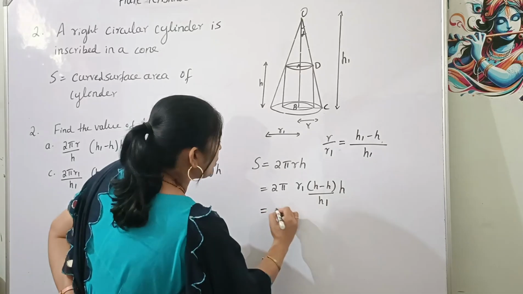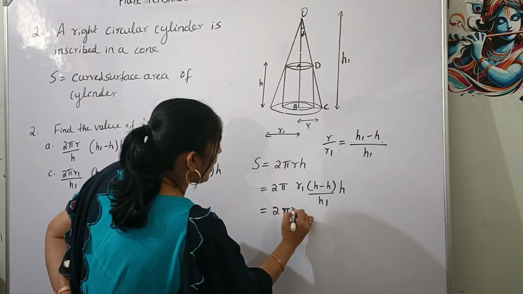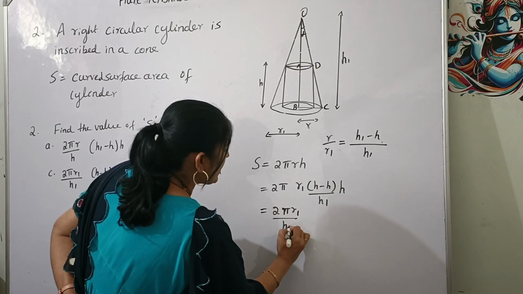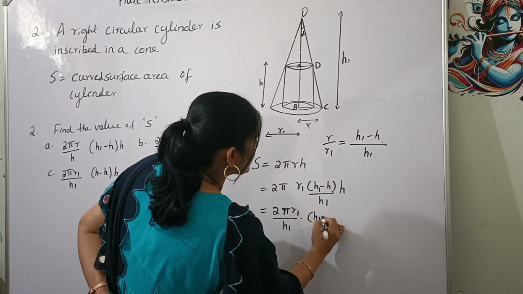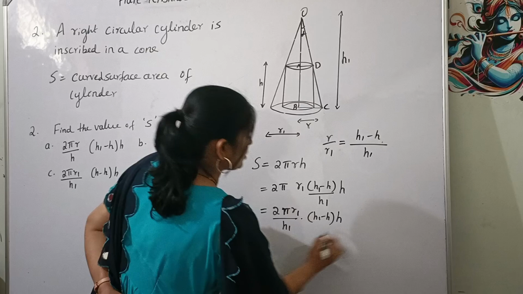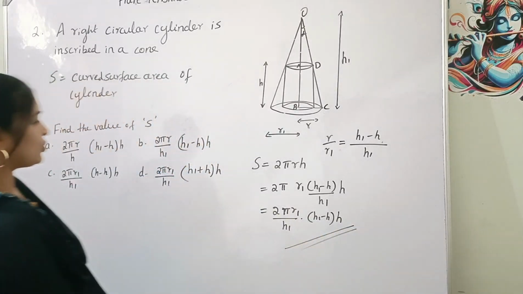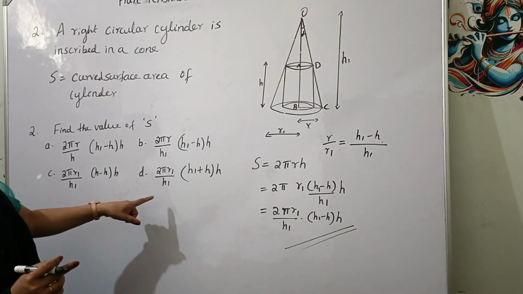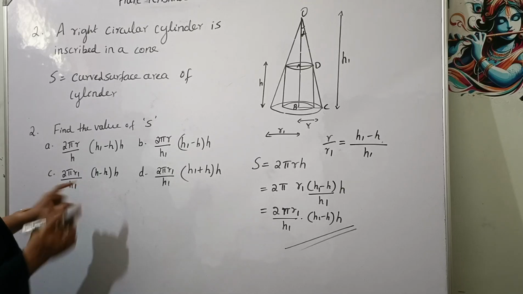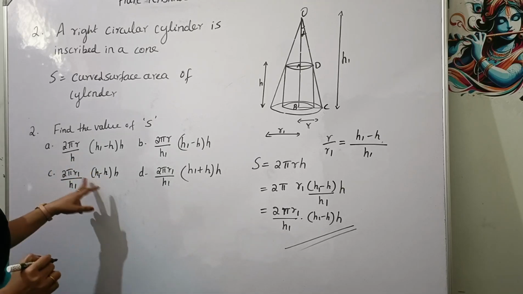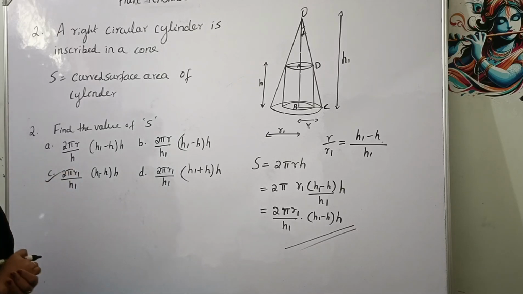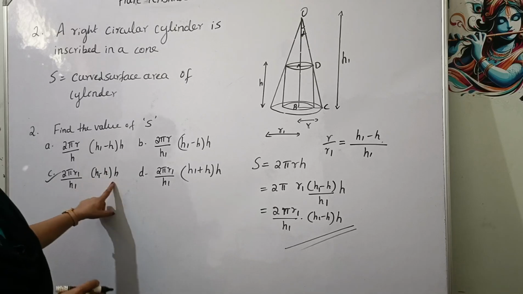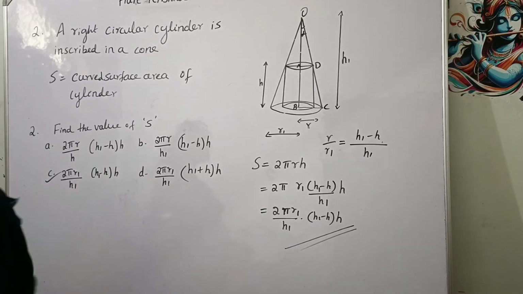That is equal to 2 pi R1 divided by H1 into H1 minus H into H. So it is the answer, 2 pi R1 divided by H1 into H1 minus H into H. So C is the answer. Okay, S is equal to 2 pi R1 divided by H1 into H1 minus H into H.